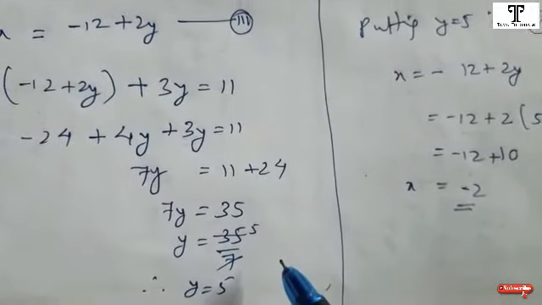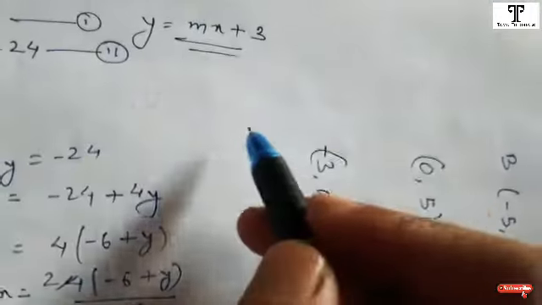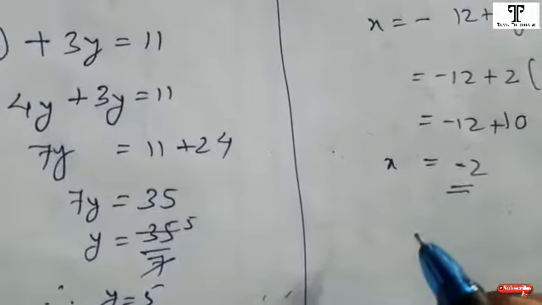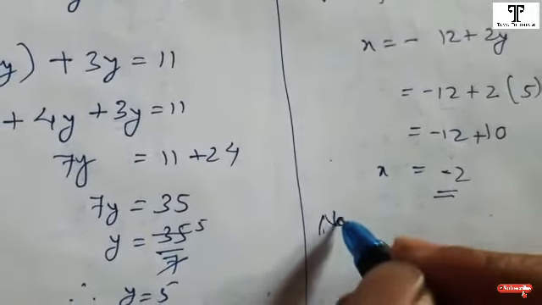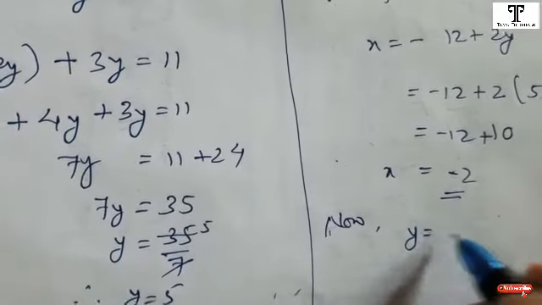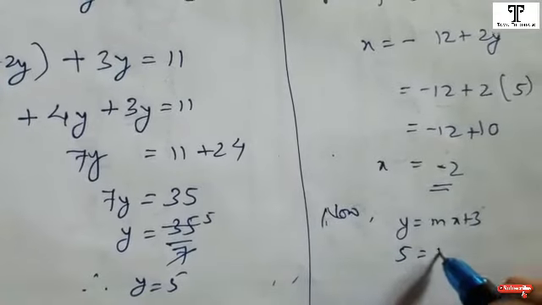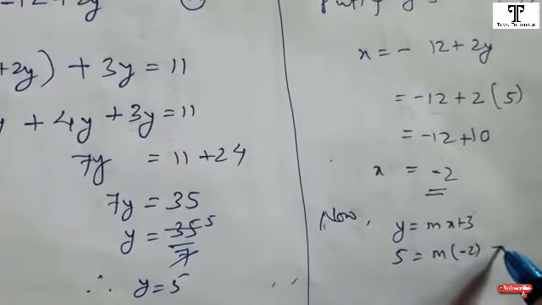Now we have to find value of m. So using this equation, y is equal to mx plus 3. So y is 5, m, x is minus 2, plus 3.